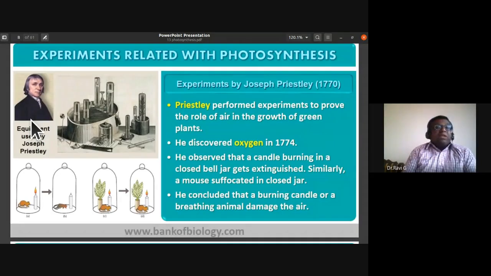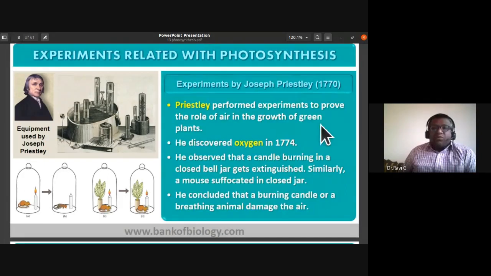He showed that through his experiments, and he discovered oxygen, an important aspect for living organisms to survive. We breathe in oxygen, and that plays an important role for our survival, and the atmosphere has this oxygen. This discovery was done by Joseph Priestley. So you should remember the important experiment done by Joseph Priestley, the scientist who did that.